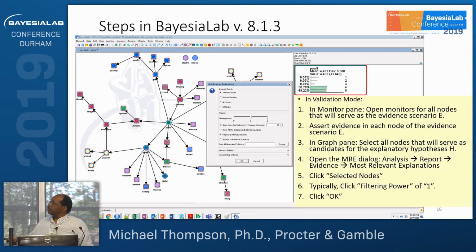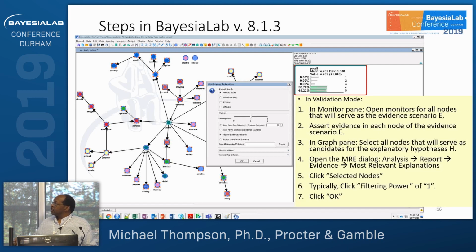So you go into the graph pane and simply select those. In this case, we want to give every variable except the other profit metrics a chance to be part of the explanation, or part of the hypotheses providing an explanation. So all the nodes are selected except the dark green ones, which are other profitability nodes. And so those are the selected nodes.